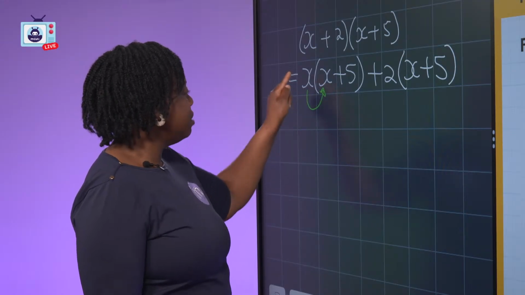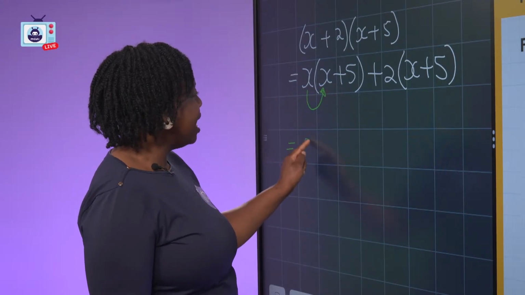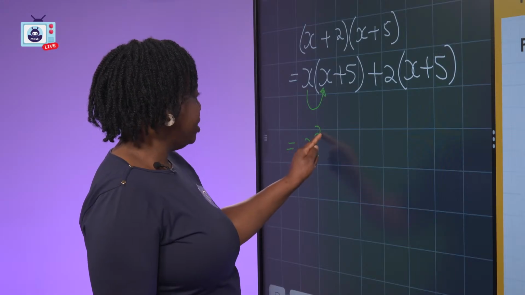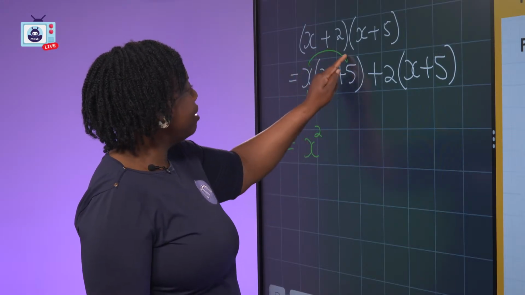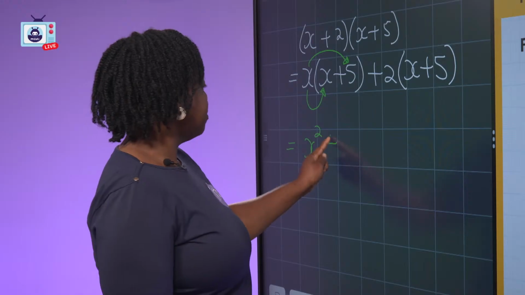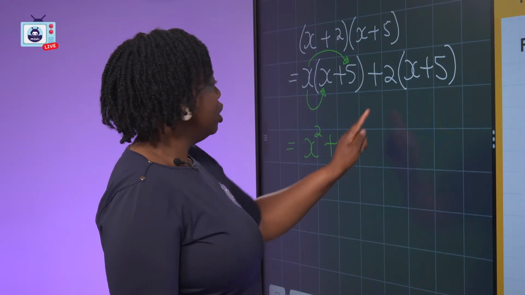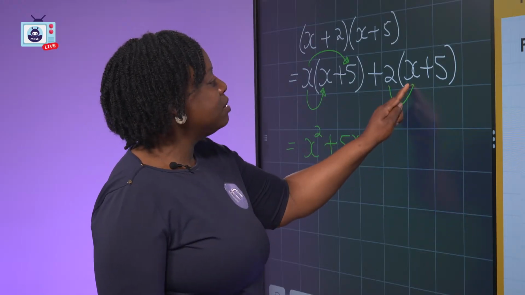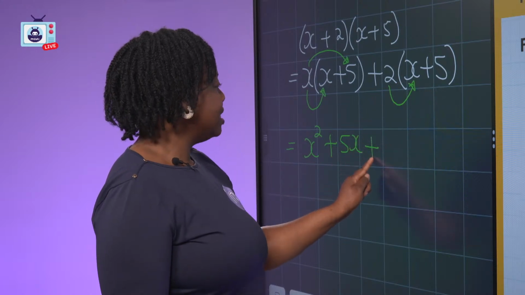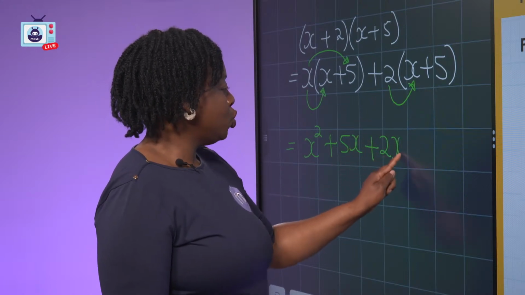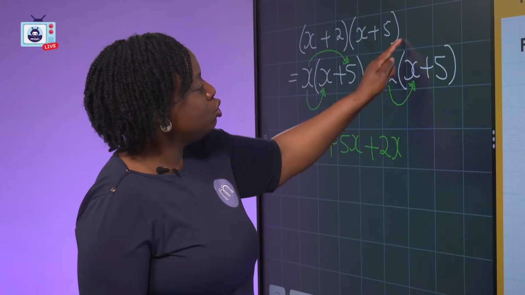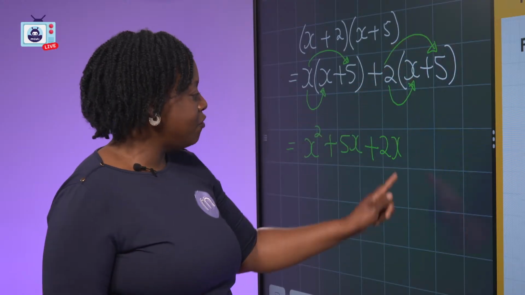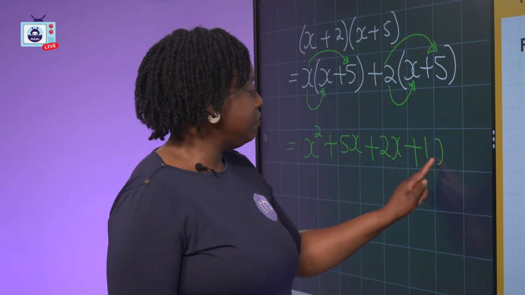So x times x will give us x squared. x times 5 will give us 5x. Plus 2 times x will give us a positive 2x. Plus 2 times plus 5 will give us a positive 10.